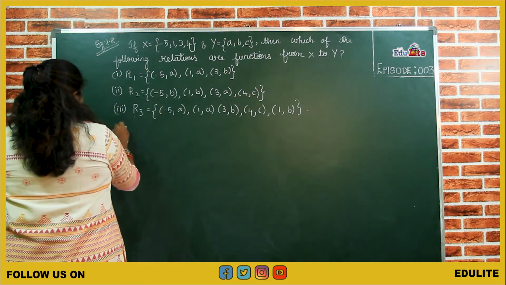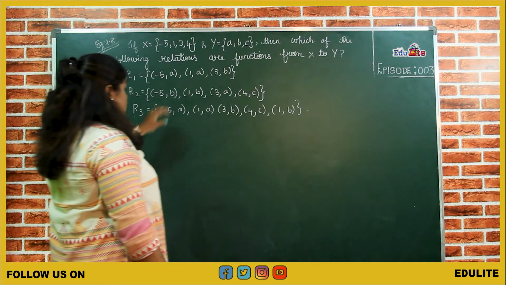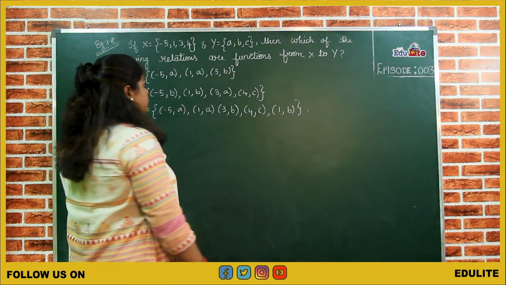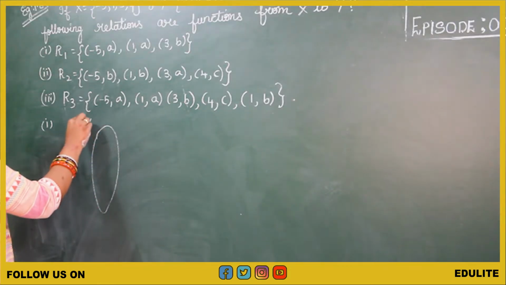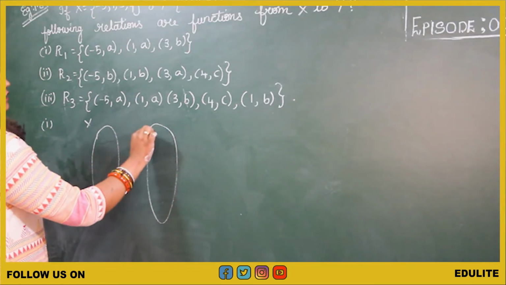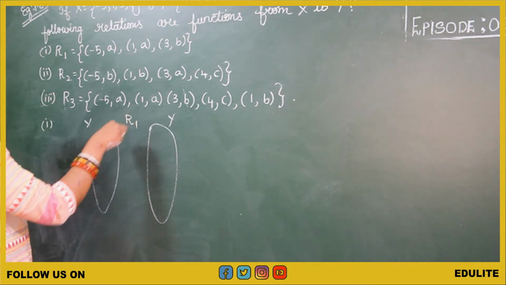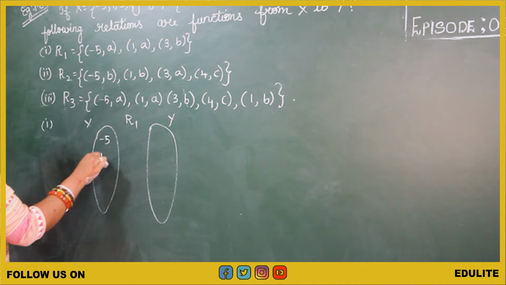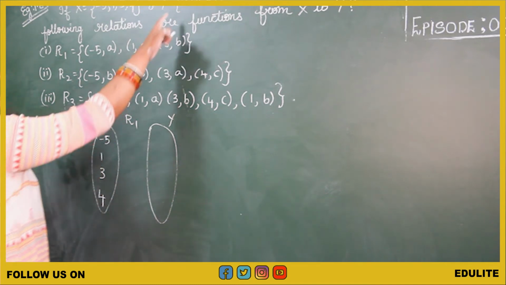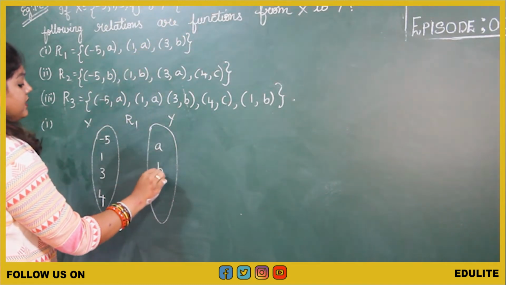So, first R1, we will use an arrow diagram to check whether it is a function or not. X is given as a set of values, Y is given as a set of values. Now, we are going to do it for R1. X is minus 5, 1, 3, 4 and Y is a, b, c.